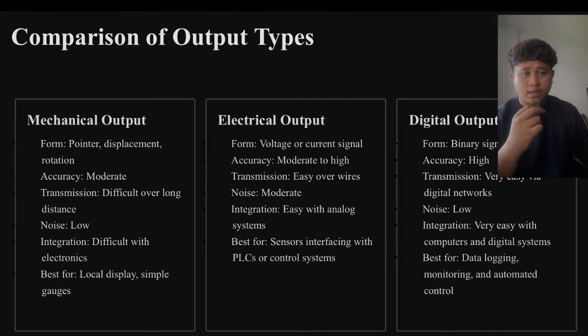Electrical outputs like voltage or current signals are more versatile. They are easier to transmit and connect to control systems, but they can be affected by electrical noise. Digital outputs are the most accurate and convenient for modern automation. They are easy to store, transmit, and process using a computer or PLCs.